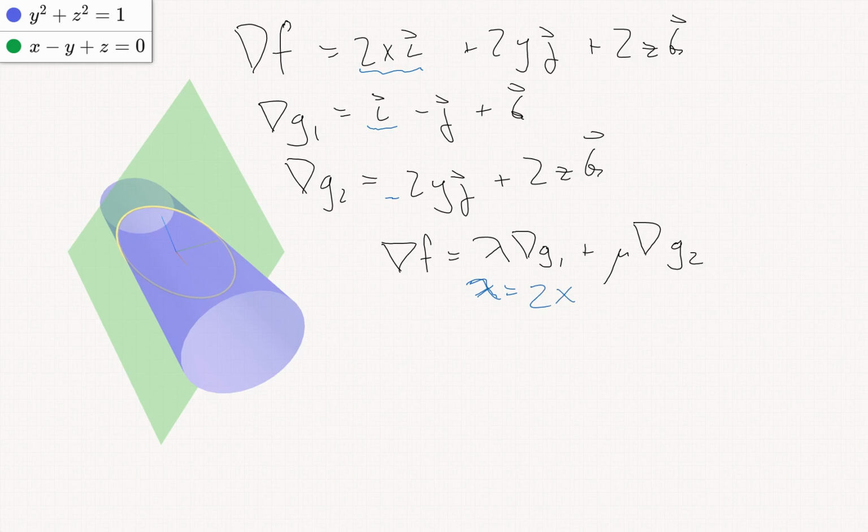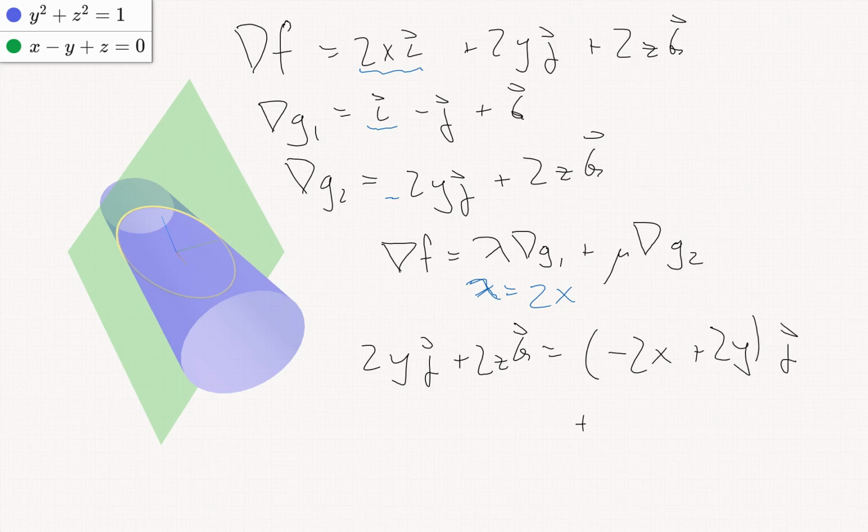So then if we subtract that from both sides of the equation, we'll get 2y j plus 2z k is equal to negative 2x plus 2y j plus 2x plus 2z.